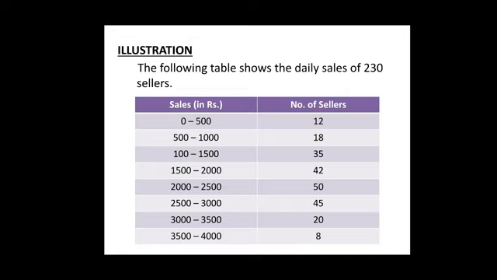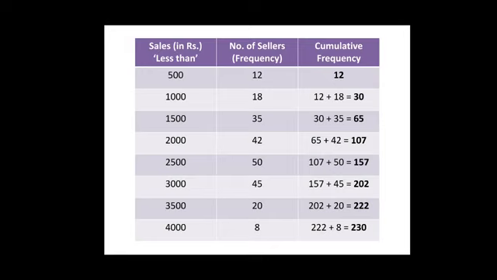Firstly, start with the upper limits of class intervals. And the upper limits here in this table are 500, 1000, 1500, 2000, 2500, 3000, 3500 and 4000. Thus, we want to know the number of sellers whose daily sales are less than rupees 500, less than rupees 1000, less than rupees 1500 and so on, as shown in this table.